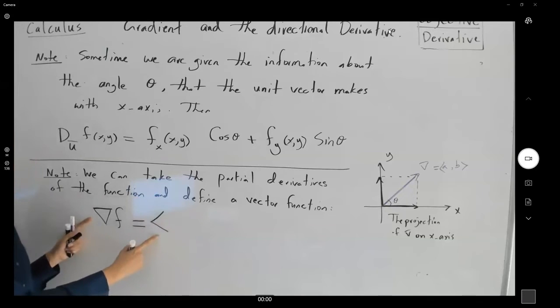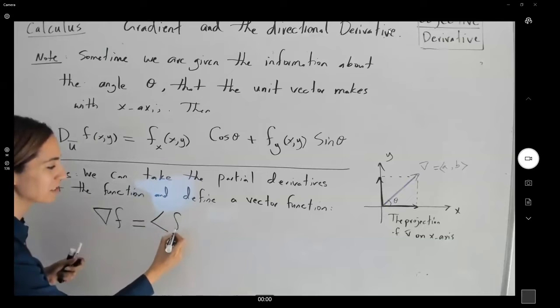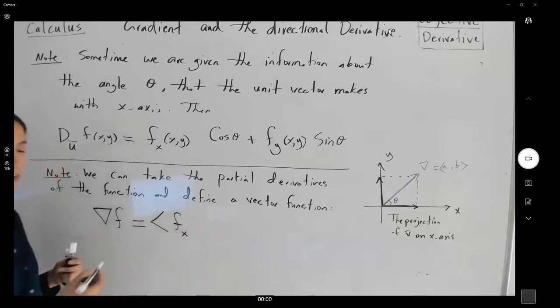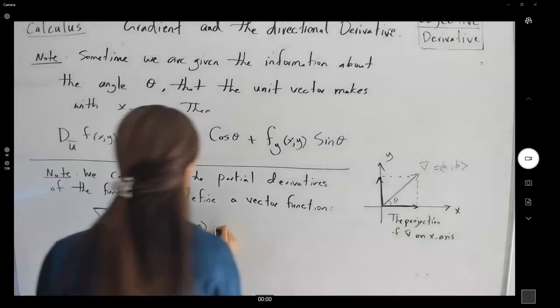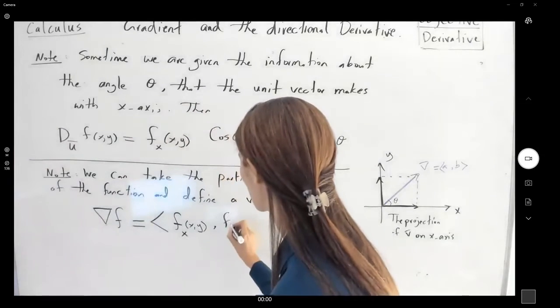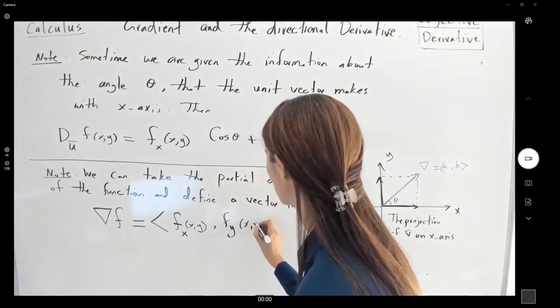So we're going to use the vector notation. The very first component is partial derivative of f with respect to x, comma, the second component, partial derivative of f with respect to y.